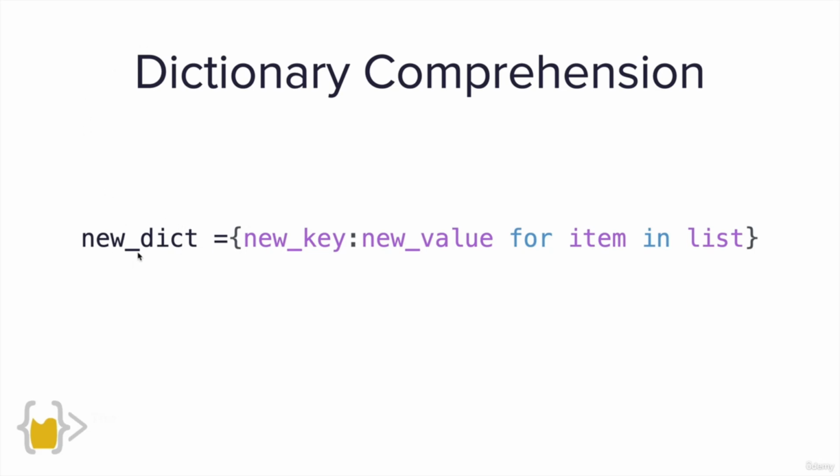We're going to create a new dictionary called newdict, and it's going to be created using this curly bracket now instead of square brackets. And inside the comprehension, we get to set the new key, the new value, and we get to loop through items in a list. So any sort of iterable, a list, a range, a string, anything you want. And this is the simplest form of dictionary comprehension.